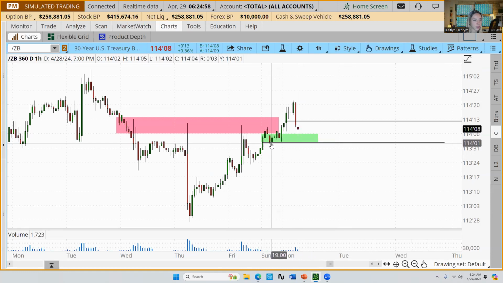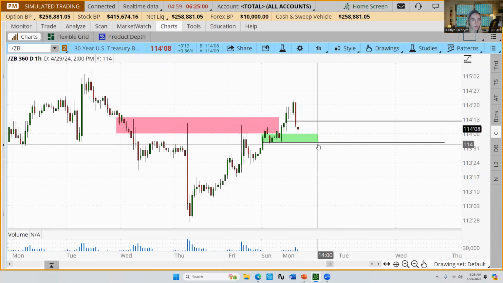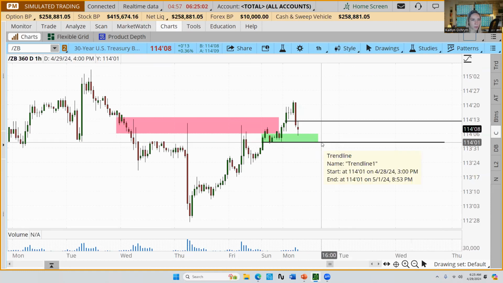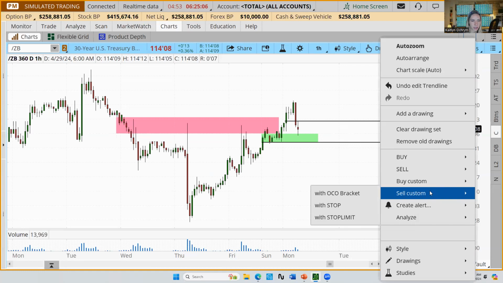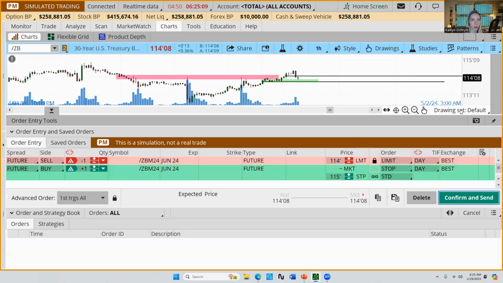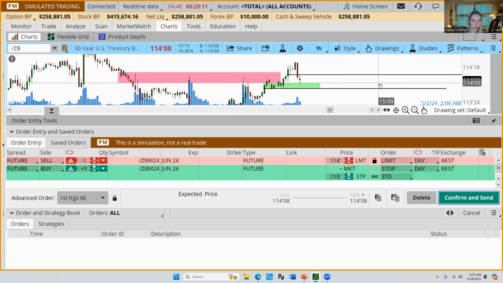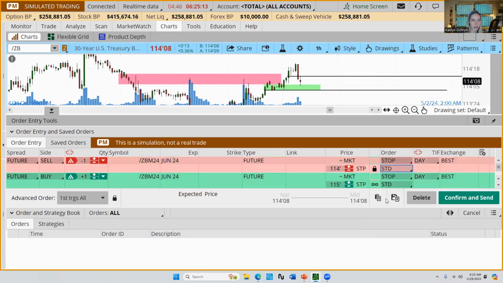114.13. So again, our entry, 114.01. This is going to be a sell stop order since we're taking a breakout trade. Sell stop is only going to get us in on the trade when we break below 114.01.